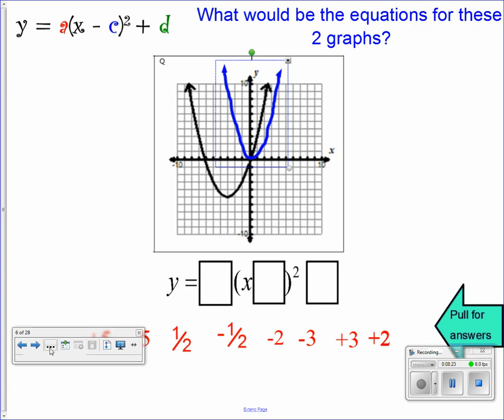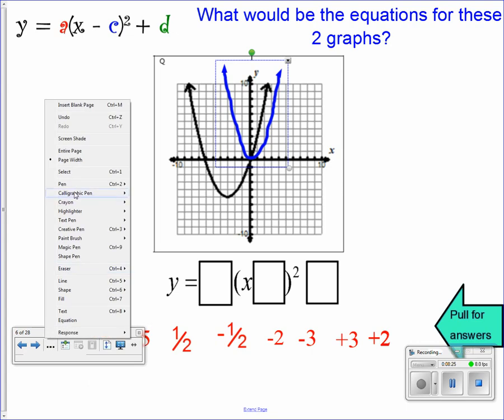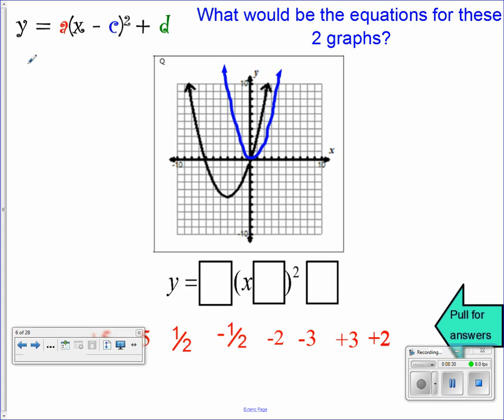So looking at our A value, is my parabola opening up or is it opening down? Well, it's opening up, so I have a positive number in front for my A value. I don't know what that number is yet, but I know it's going to be positive.